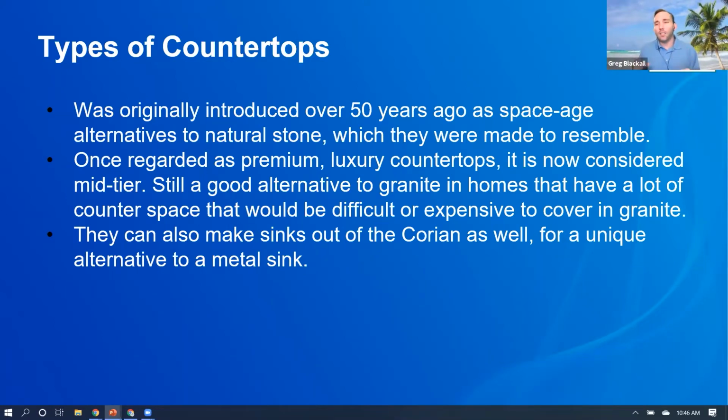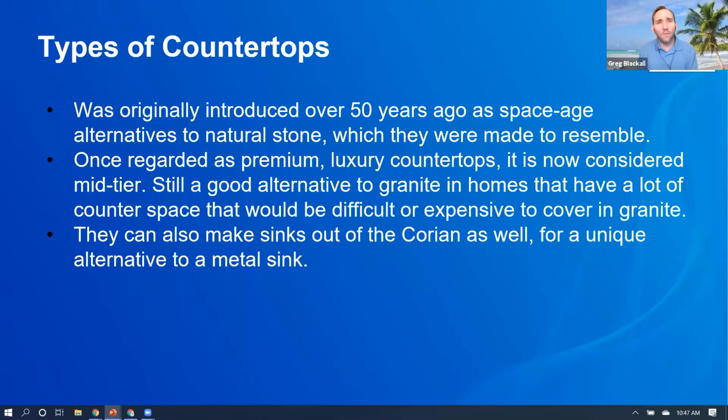But as the cost of mining granite and things like that has come down, it kind of lost that space age appeal. It was once regarded as a premium luxury countertop. Now it's kind of a mid-tier. So Corian countertops are better than laminate. They're still not as valuable as your granite or your quartz or some of the others.